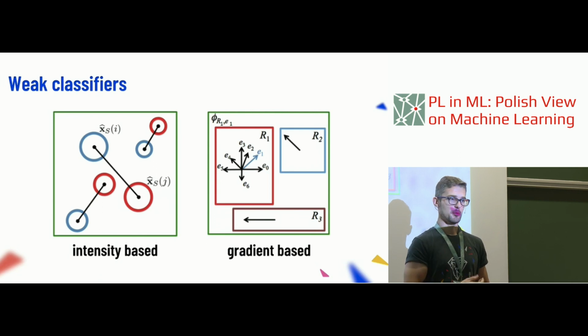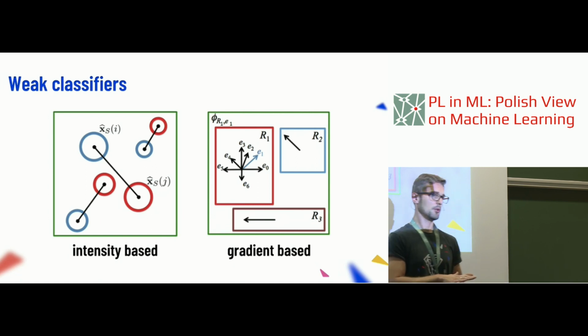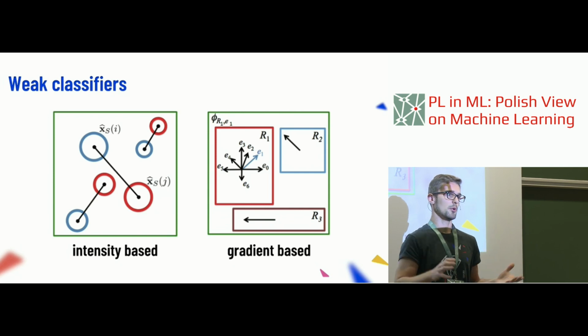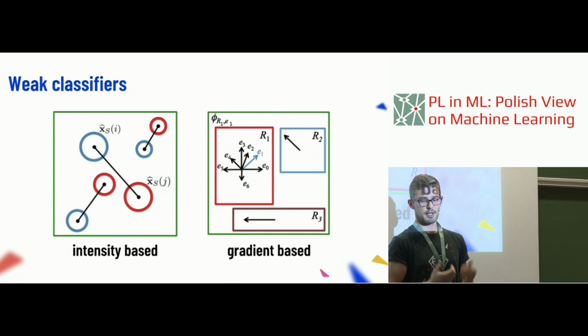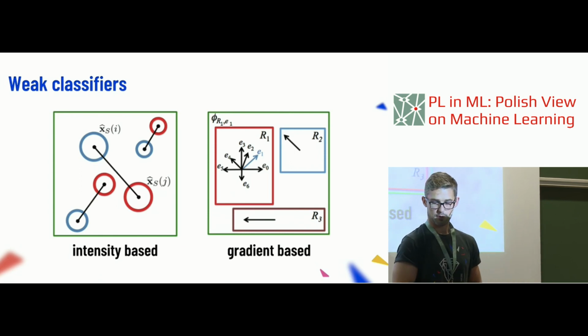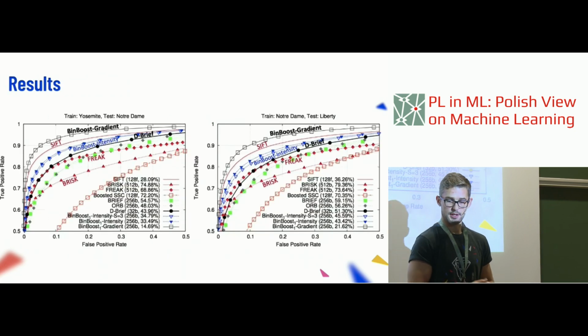And then the gradient-based weak learners. This is a little bit more tricky. You sum the magnitude of gradients within a given region of the image, and you compare it with the whole image patch. But still, you get a similar output, which is a binary 0-1 classification from weak learners. You combine multiple of them, and then you get a fairly strong output.